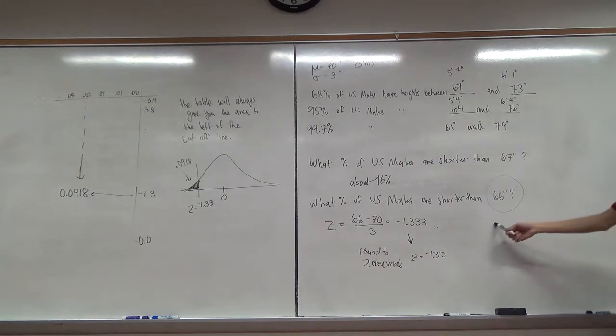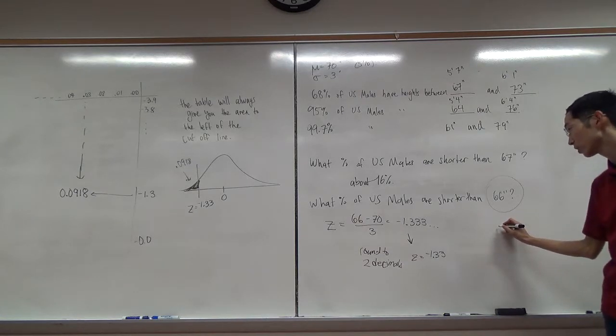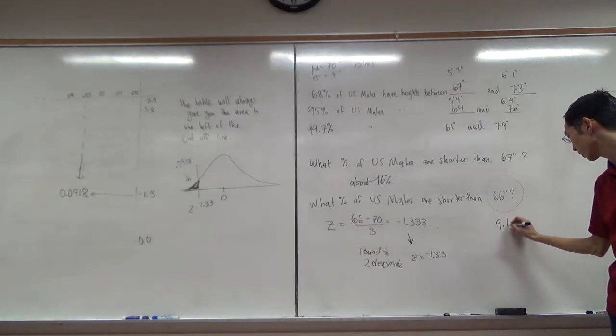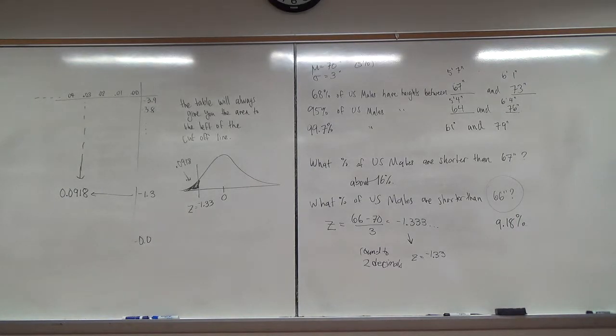And that would be the answer to my question: what percentage of US males are shorter than 66 inches? The answer there would be 9.18%, based on our z-score and table.